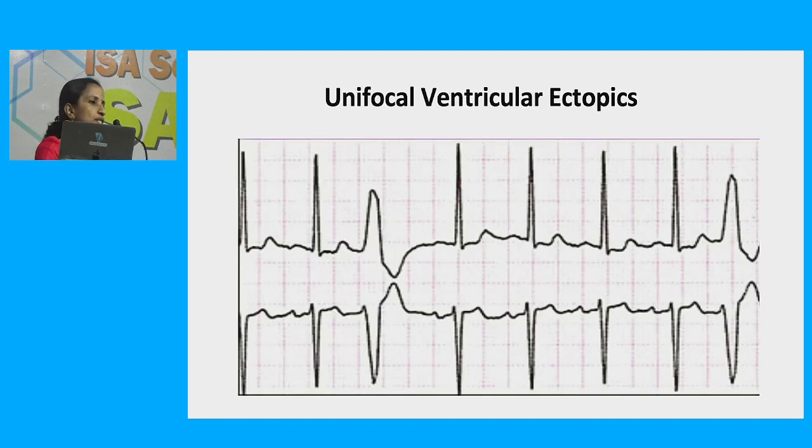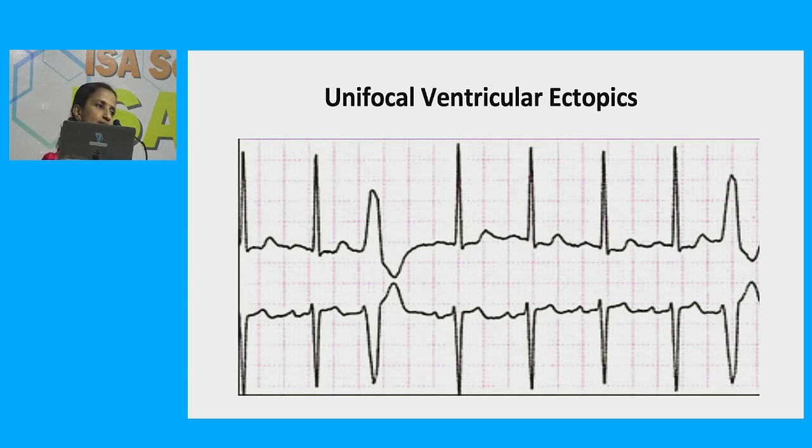So we'll see some ectopics, ECGs of ventricular ectopics. Explain the morphology of the waves. The ECG shows ventricular ectopics.